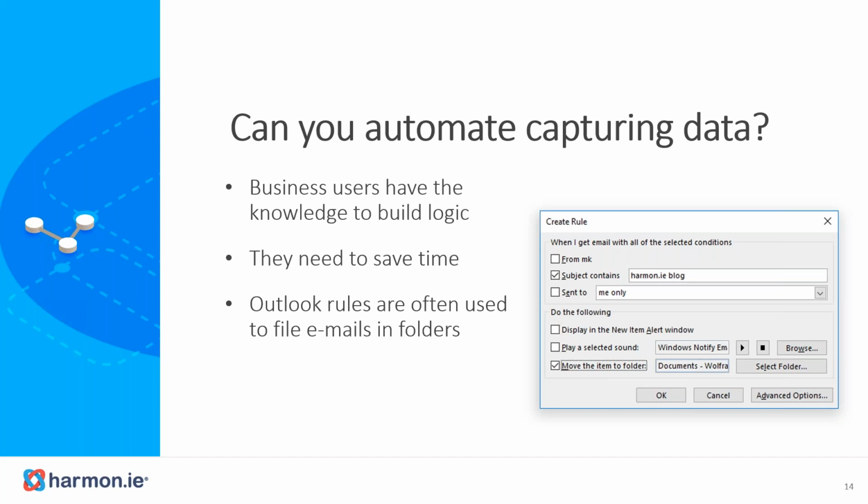So that helps to save time. Obviously, the business user has the logic themselves to say, okay, this relates to case XYZ or customer ABC. And so I can actually have the power to create a rule that anything that meets that rule is going to be automatically captured into SharePoint.